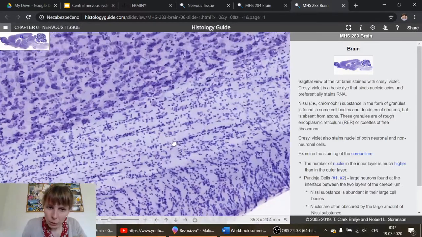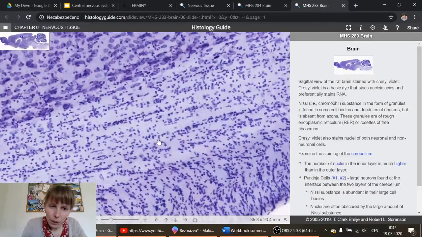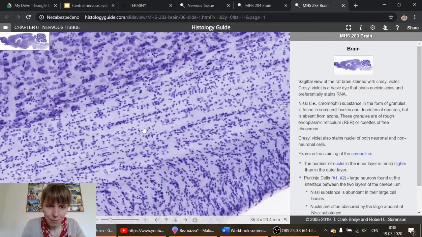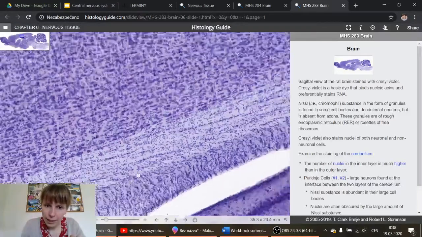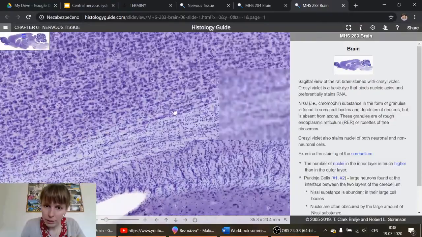You see nuclei, and these will be mostly nuclei of the oligodendrocytes and other glial cells, for example the fibrillar type of astrocytes. And the axons that we don't really see here will be going in the white matter, in this case from here to there, or vice versa. So this is not ideal, sorry about that.